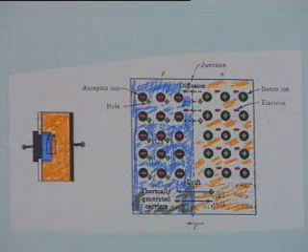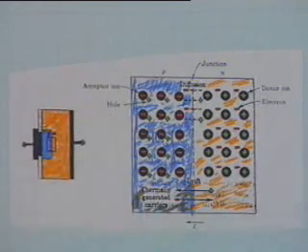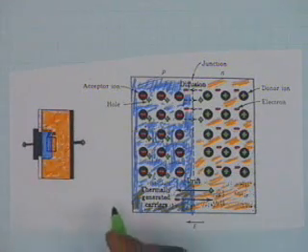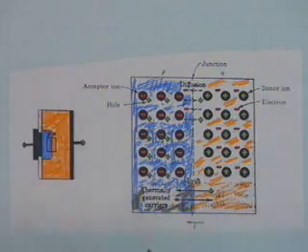Now please try to follow this carefully. Don't worry about what is written on this slide, just look at the picture. This shows the same p-n junction in a schematic form. We take a cross section, we show everything as rectangular.